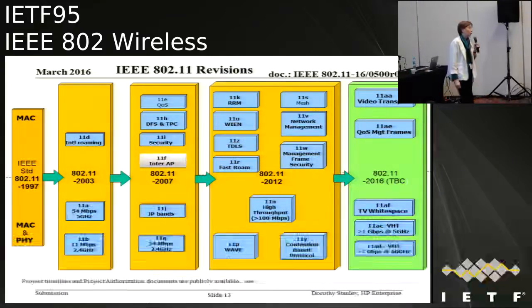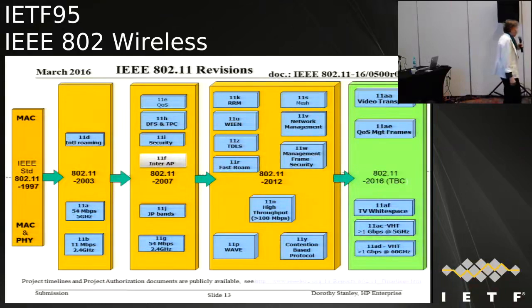But notably, this is when 11N rolled in, and 11N was published in the 2010 timeframe and provided a significant increase in the throughput in both 2.4 and 5 gigahertz, with the introduction of wider channel bandwidths as well as MIMO technologies.